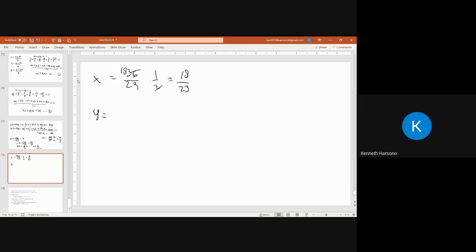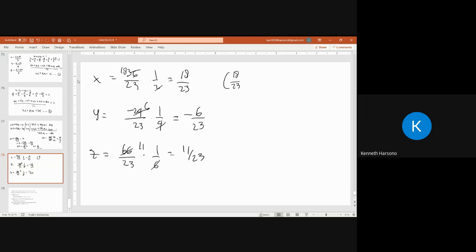Y is minus 36 over 23 times a quarter, so minus 6 over 23. C is 6 over 23 times 1 over 6, so this is 1 over 23. So we can get these points, right? So this is our points.